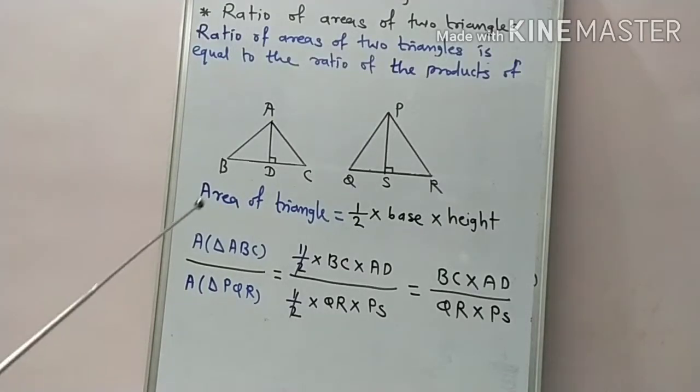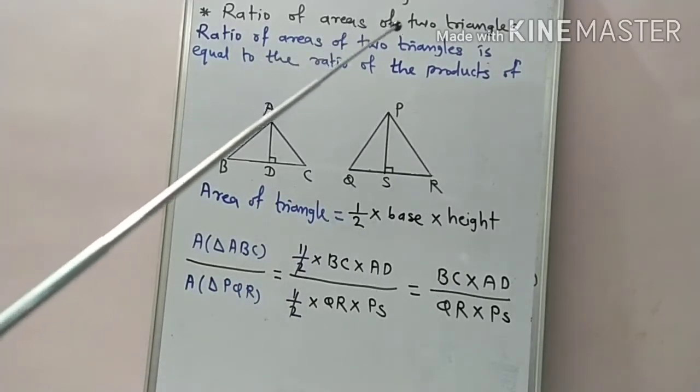The remaining part we write as BC into AD upon QR into PS. So by this we have the property of ratio of areas of two triangles.